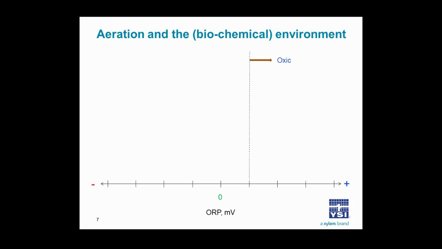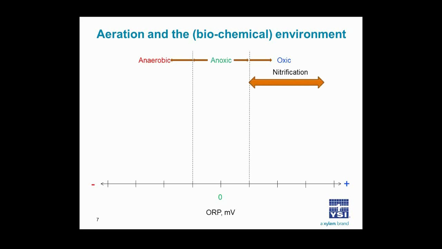So, for instance, on the positive side of ORP is where we would have oxic conditions. Somewhere on the negative side of ORP, we would classify as anaerobic conditions, and then in between is a region we call anoxic. And so depending on what you're trying to accomplish, each of these zones are important.